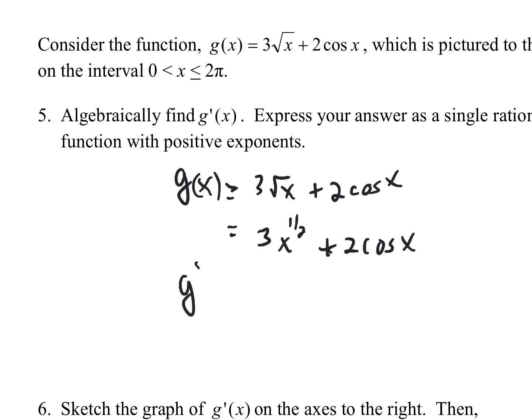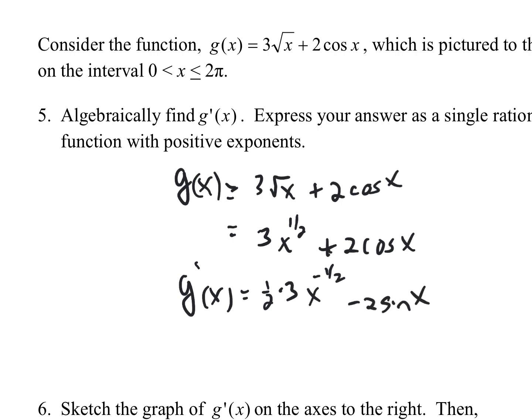Algebraically, g prime of x would be the 1/2 times the 3, keep the x, take 1 away from a half, that's a negative half. Then the derivative of cosine is negative sine, so it's minus 2 sine of x.